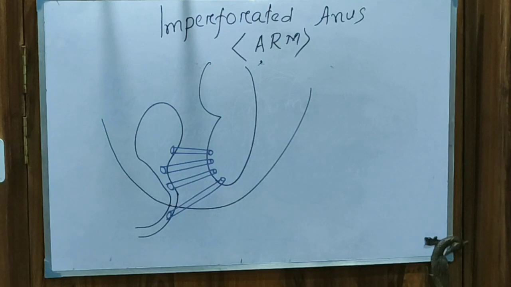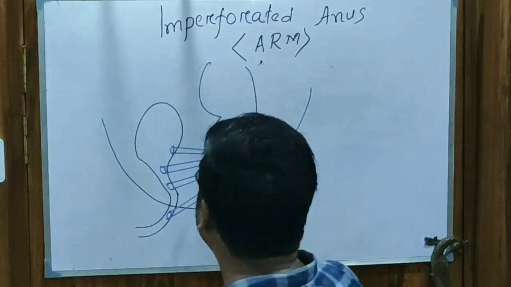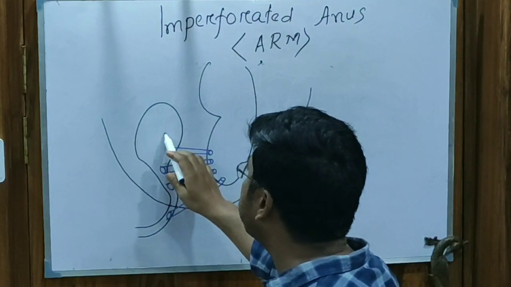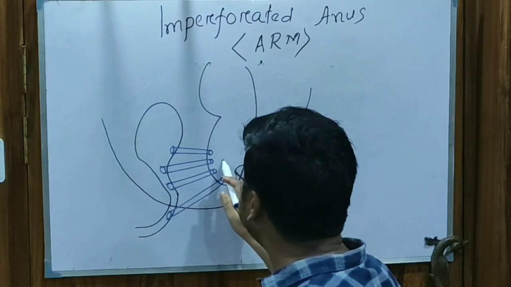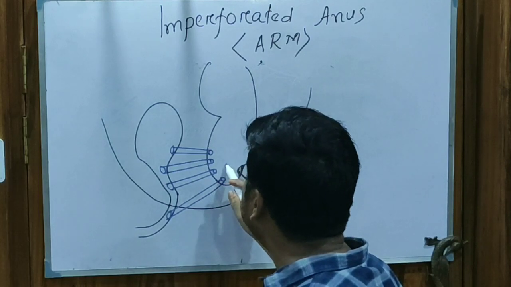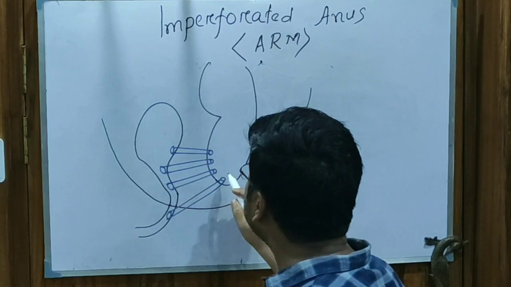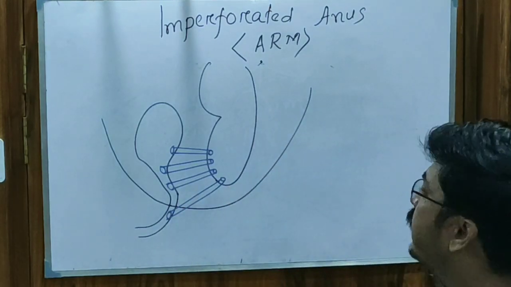So these are the male presentations. The communicating tract may be between the rectum and the bladder neck, between the rectum and the prostatic urethra, and the bulbar urethra. So these are the male presentations.